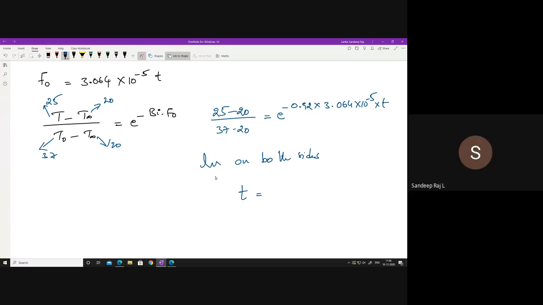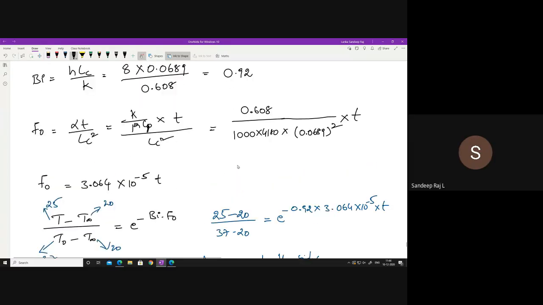Did you use ln only? Yes, sir. Make sure you used ln, or check with this Fourier. Check whether Fourier is calculated properly or not. Sometimes mistakes happen in the Fourier calculation. This whole square should be taken. This might have been missed.